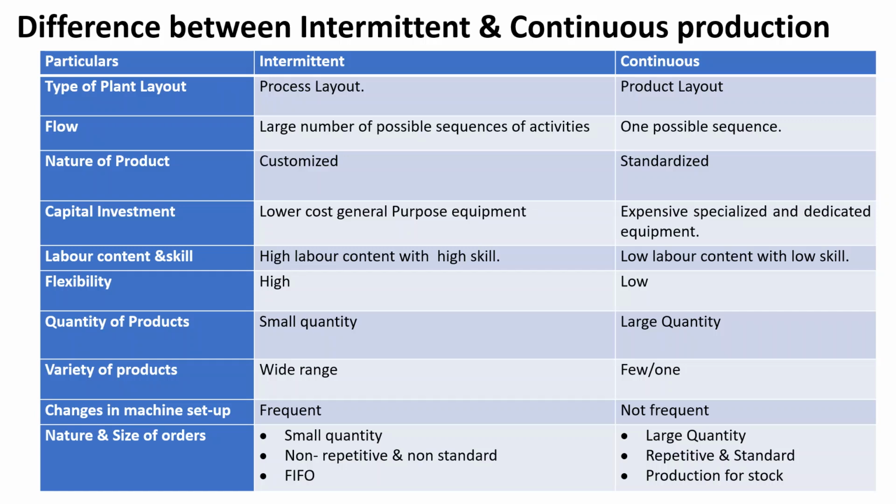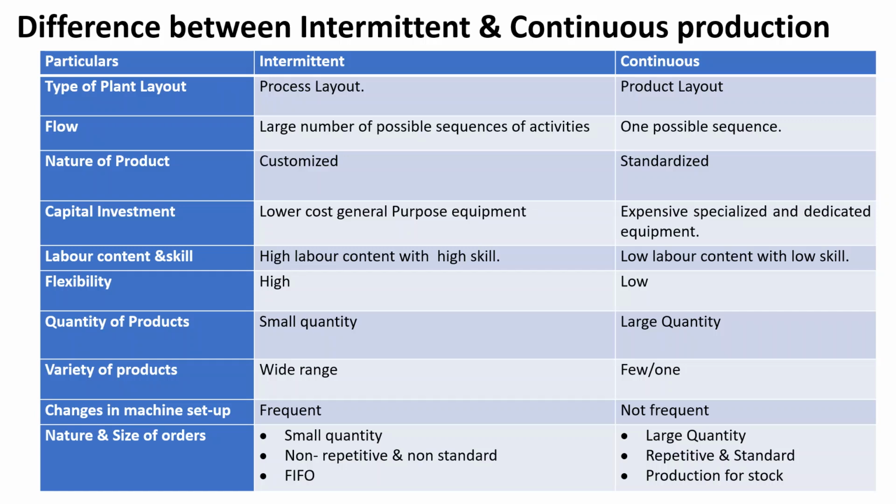Labor content and skill is high in case of process layout, because it is the workers who decide how to route the items or inputs through different machines to produce the outputs. But in case of continuous production system, the labor content is very low and the skill requirement is also very low, because the entire job is divided into small tasks based on division of labor.